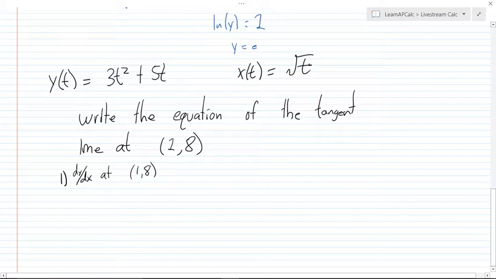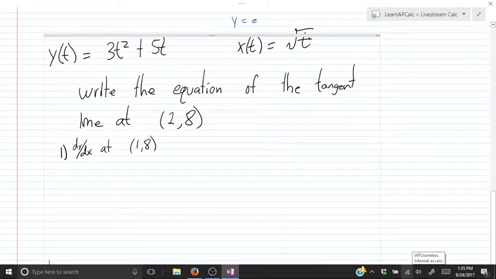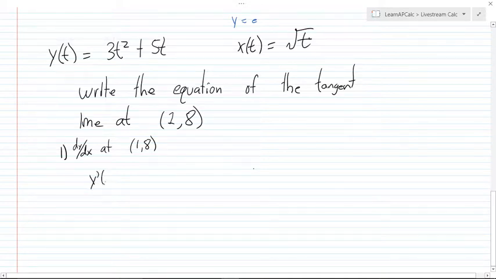Alright, so let's do that. Let's find dy/dx at (1, 8). Get some more space here. Alright, so y prime of t equals 6t plus 5. x prime of t equals 1 over 2 root t, and this is just the power rule.